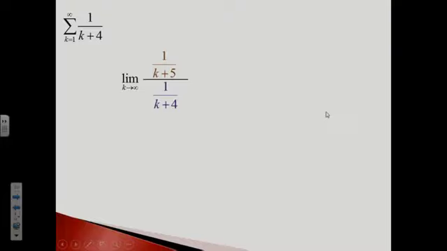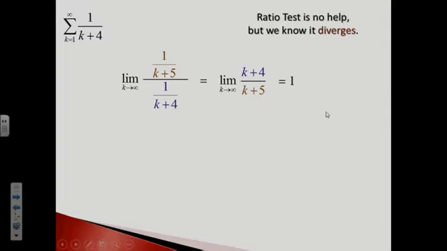So the ratio is k plus 4 divided by k plus 5, and the limit of which is 1. In this case, the ratio test is inconclusive. However, by limit comparison test with the harmonic series sigma 1 divided by k, we know that it diverges.